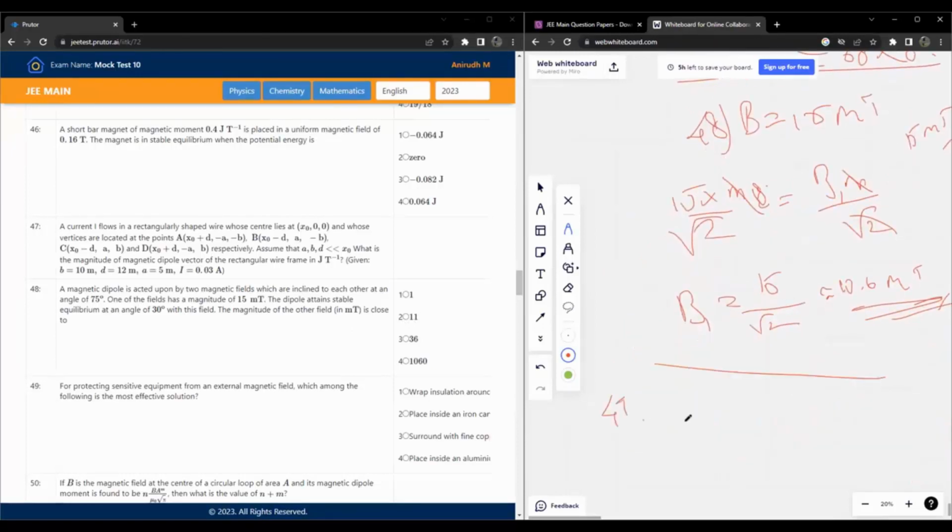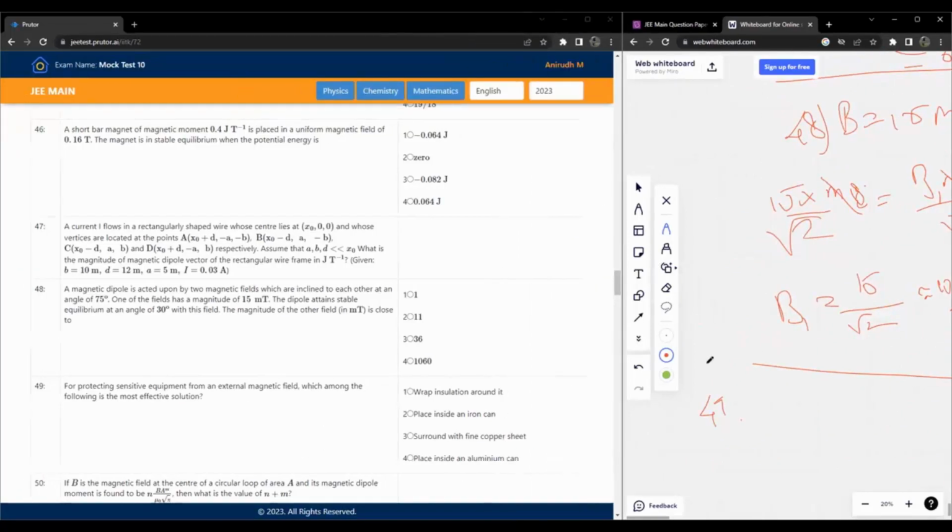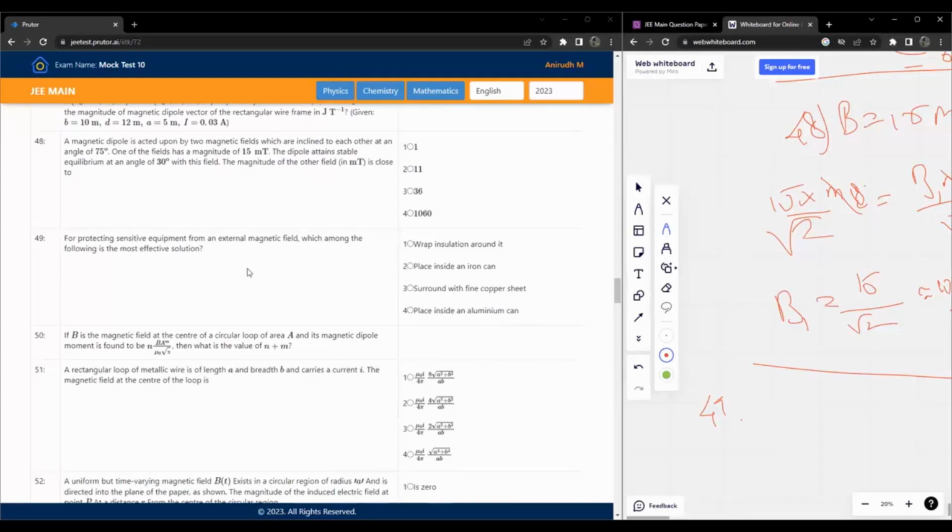That equals 48, 49. This is basically a theory question. Protecting sensitive equipment from an external magnetic field. So the theory behind this is basically that the external magnetic field should not penetrate whatever you do to the equipment.